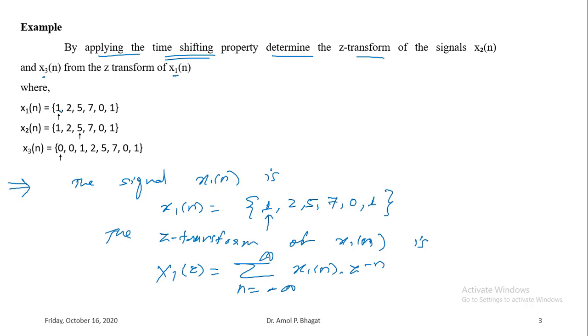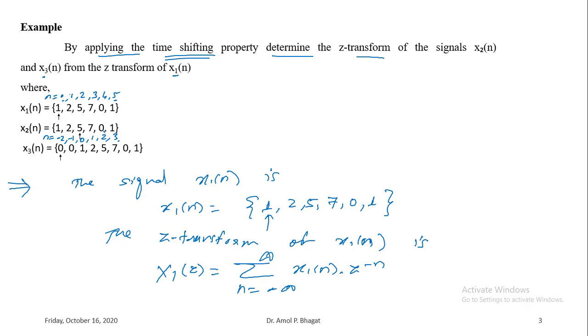Because x1 of n starts from n equals 0, then 1, 2, 3, 4, 5, starting at 0 and ending at 5. But now the origin is shifted to n equals 2, that is at 5, right. If you compare the values of n here, it starts with -2, then -1, this will be 0, then 1, 2 and 3. That means this signal x2 of n ends at 3, so it ends 2 samples before compared to x1 of n.